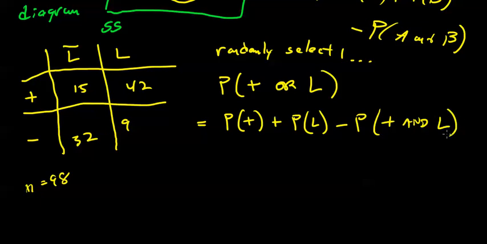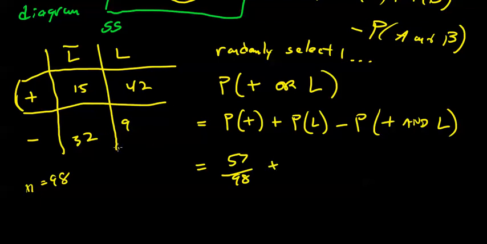Well, what's the probability of a positive test? In this positive row, 42 plus 15 is 57 positive tests out of 98 people, plus the probability of a liar.